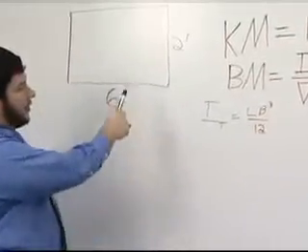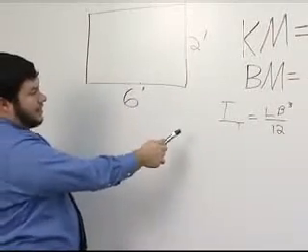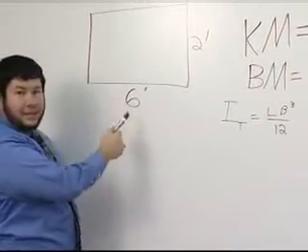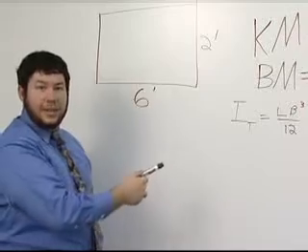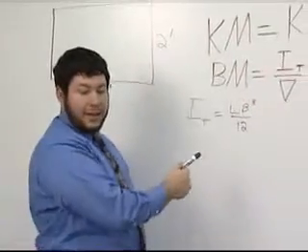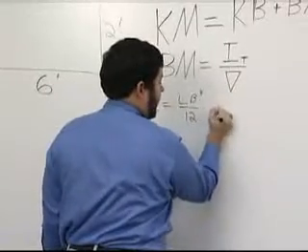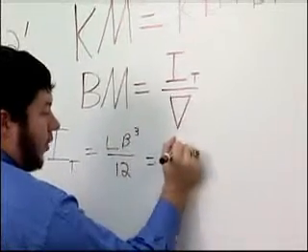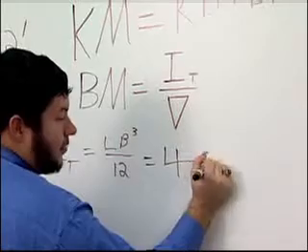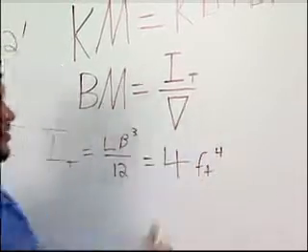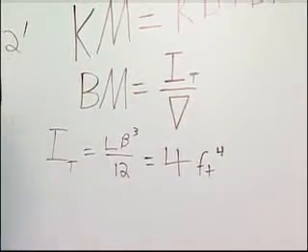And if we plug in 2 and 6, 2 being the beam and 6 being the length, into this equation and divide by 12, we will result in 4 feet to the fourth as the transverse moment of inertia.